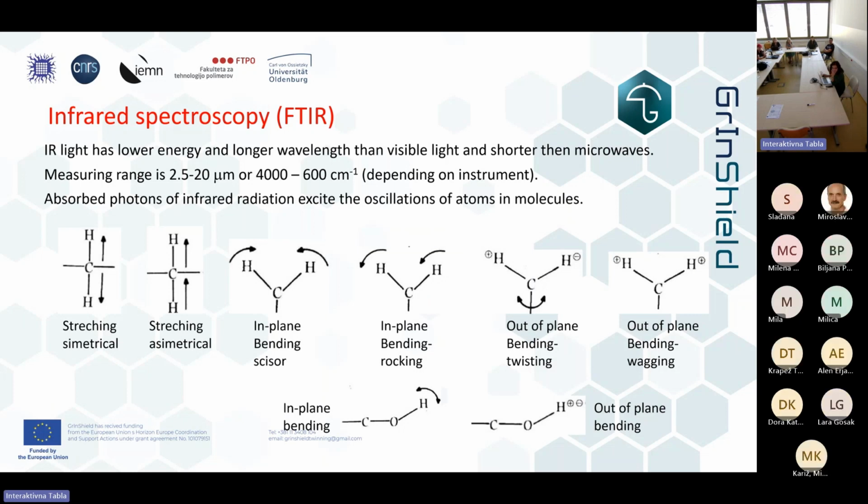So first I will say something about infrared spectroscopy. Infrared light has lower energy and therefore longer wavelength than visible light. And the measuring range, which is usually used in FTIR equipment, is 4,000 to 600 cm^-1. So it's a wavelength of 2.5 to 20 micrometers, depending on the instrument.